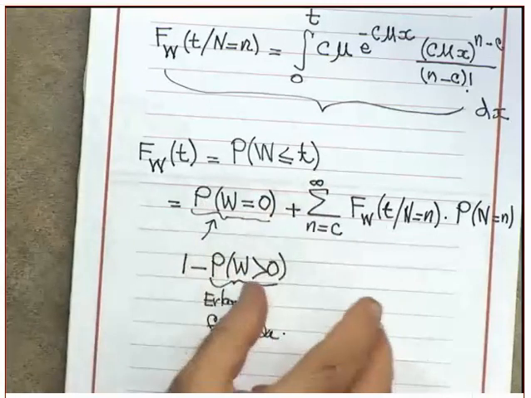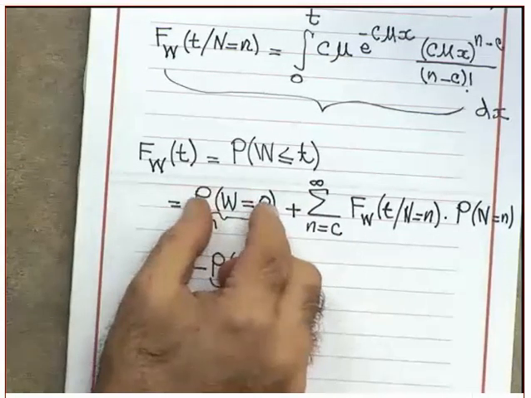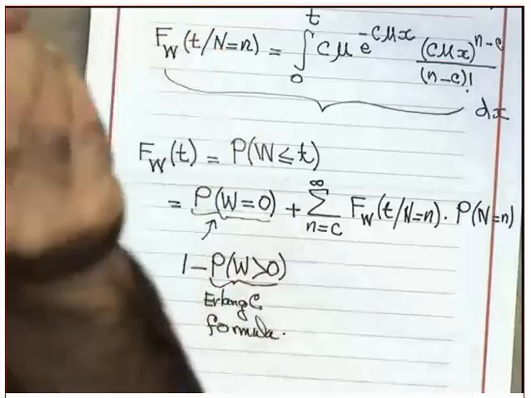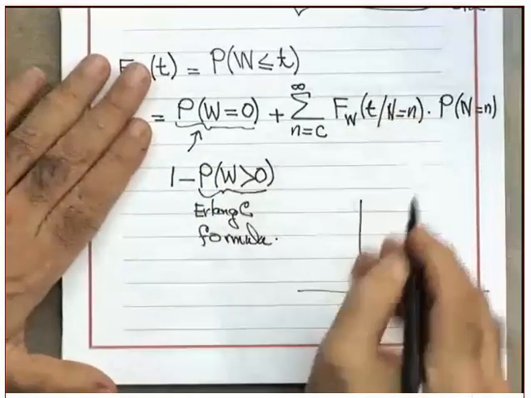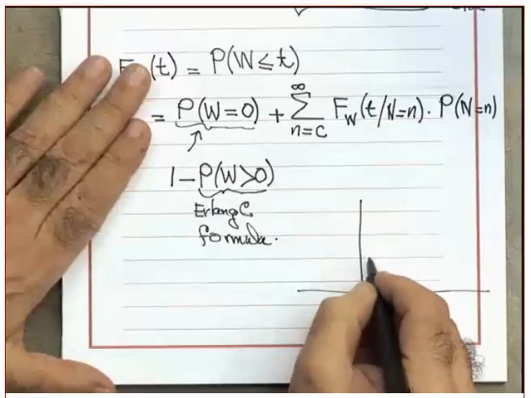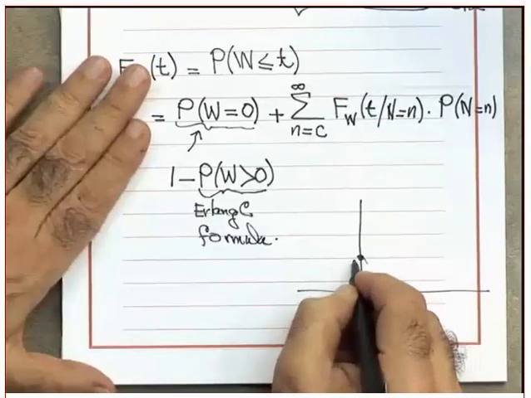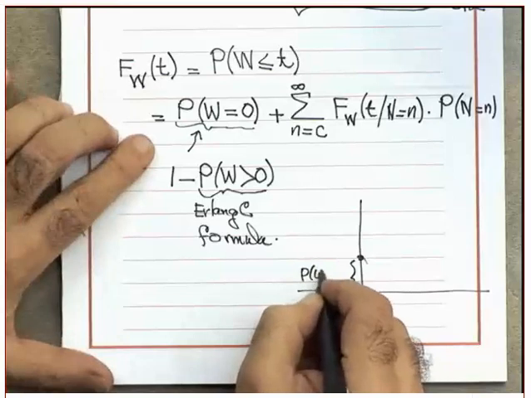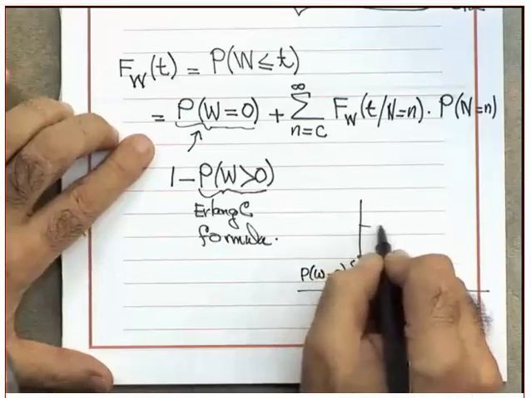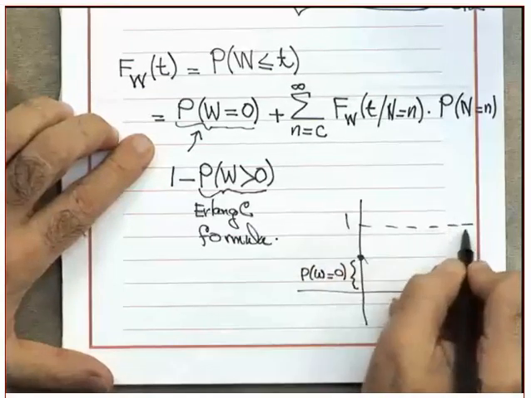By the way, when you sketch it, what is this term? This term is a jump. In other words, this is what you have, after you simplify it, I will let you simplify. You have a jump of what value? P of W equal to 0, and then something like this.